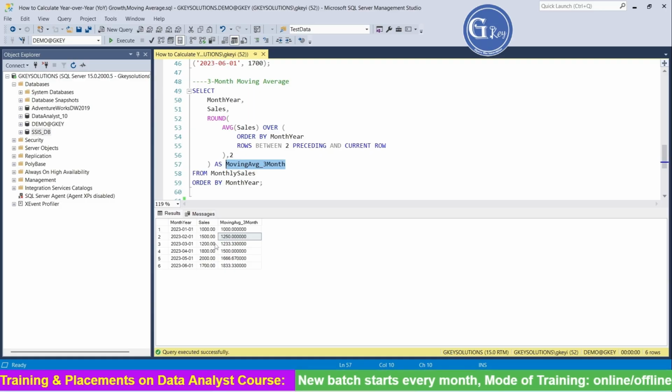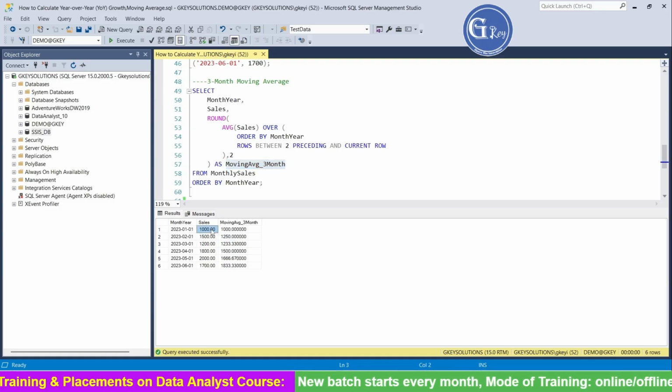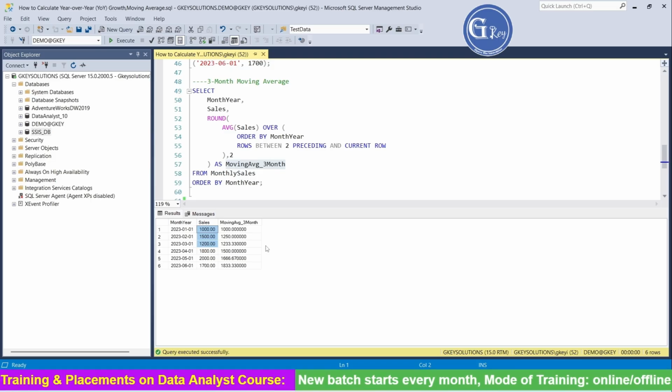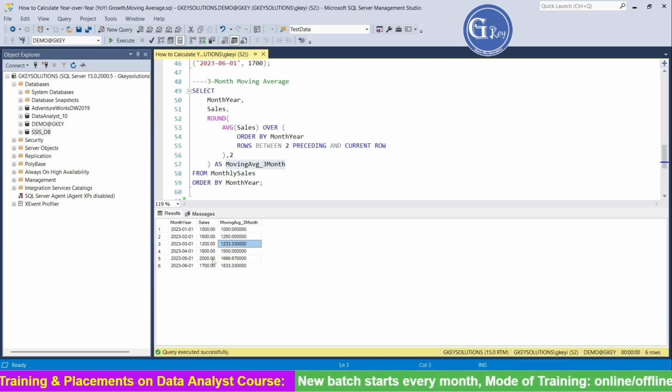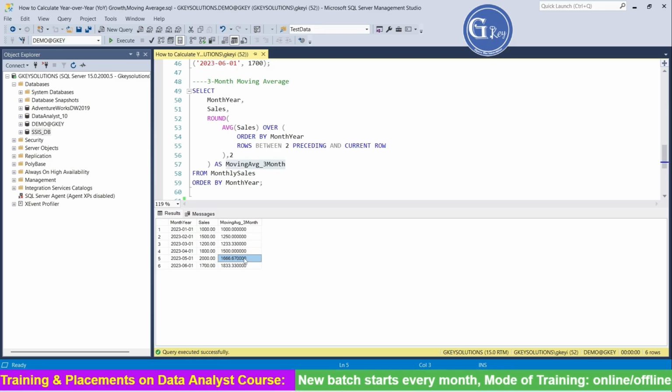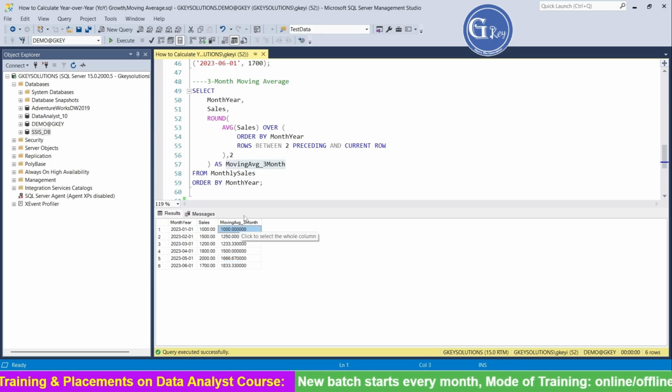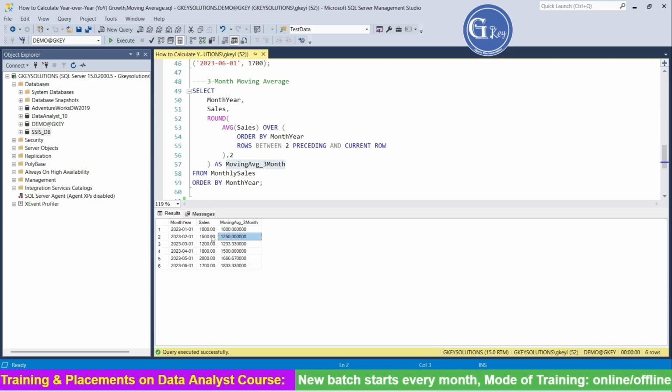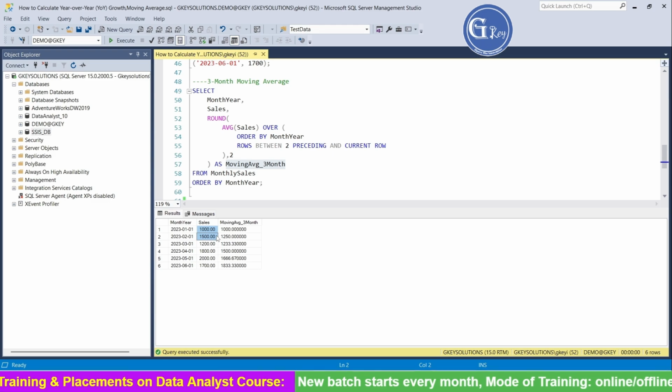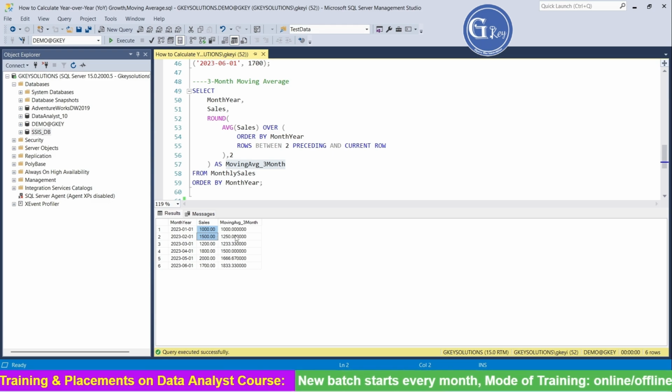For this we are summing all these values and dividing by 3, and we get this value. For the first value we do not have a previous value, that's why we have given 1000. For the second one we sum these 2 values and divide by 3, and it gives us this value.